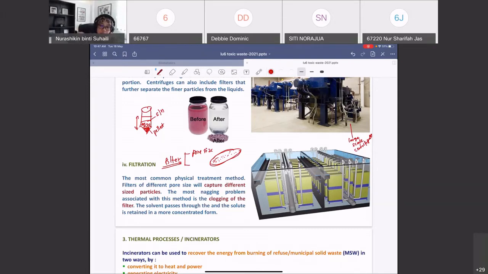If they go through, it means the filtration doesn't work, isn't it? So the rule of thumb of this process is that you should know the size of the things you want to filter. If you want to filter arsenic or any toxic compound, you should know the size of that particle first, before you buy the filter, before you do the filtration.